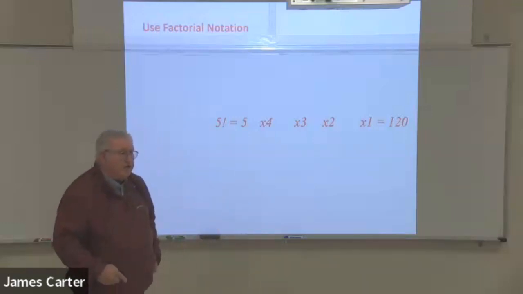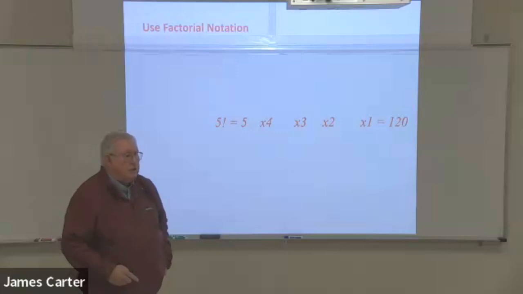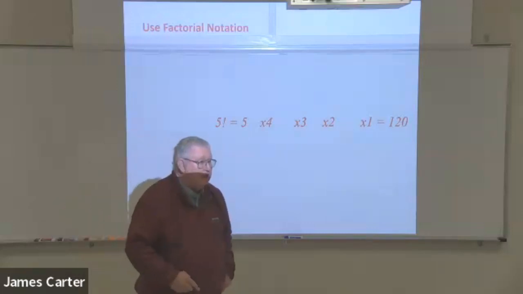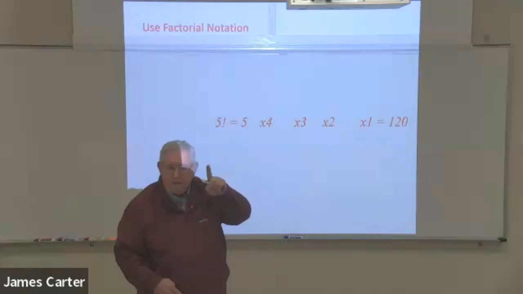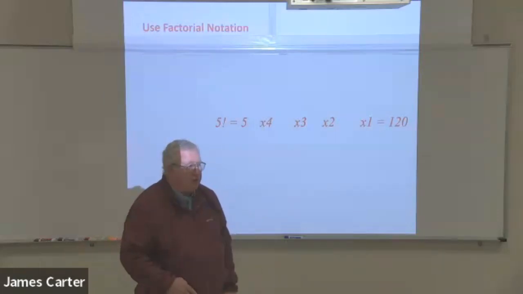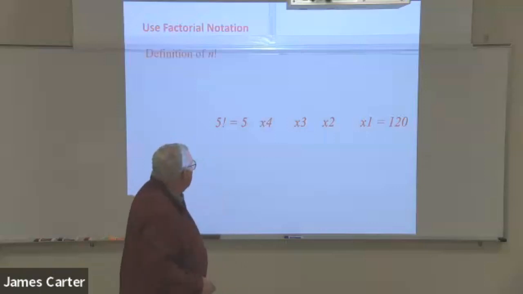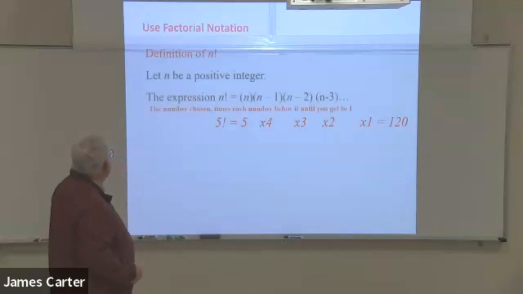Now there is a definition I need to give you. 0 factorial is 1. Now, here's the rule on this thing.